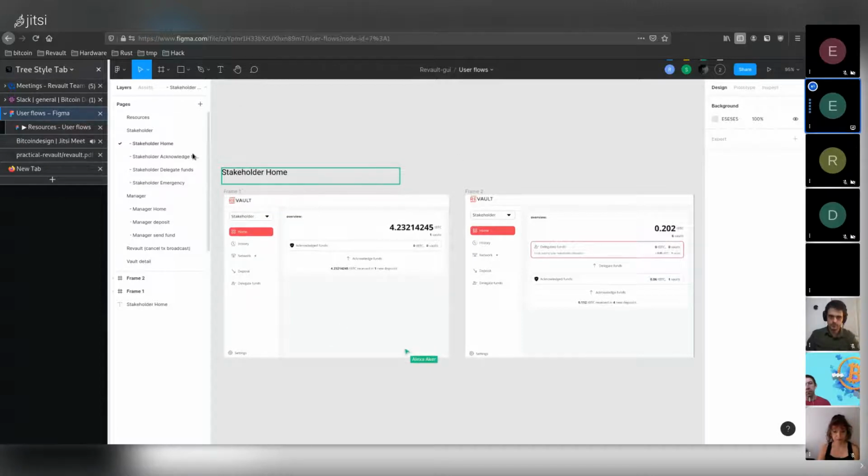Yeah, so if I show the GUI, you have the stakeholder part and the manager part. Our idea of a stakeholder is that he just connects to his home, and he can see the funds. So you have, I don't know if you can see, 4 testnet BTC received in one deposit.